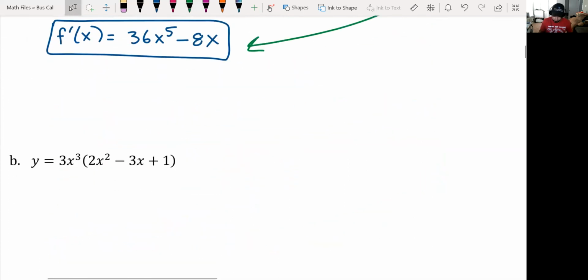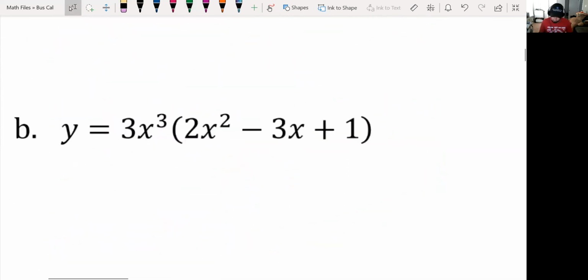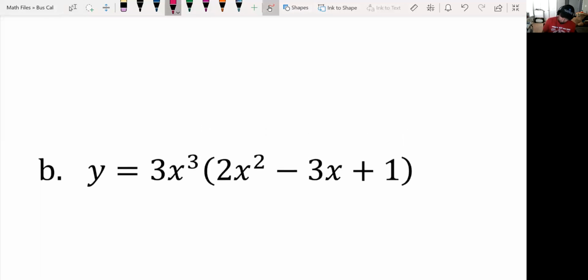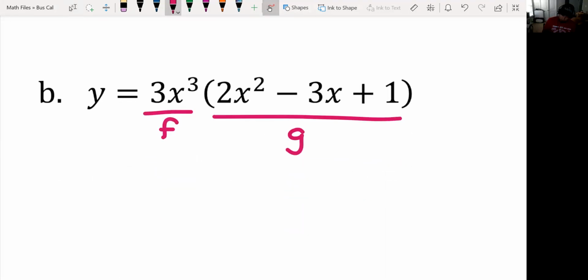Let's try product rule again. All right, to start this one, once again, label F and label G. Here's F, there's G. Bring them out. F equals 3x cubed.